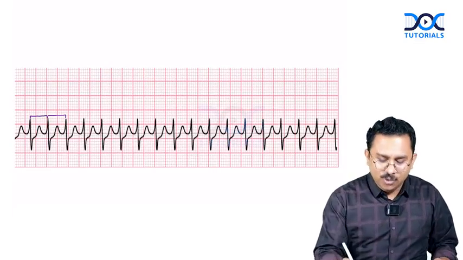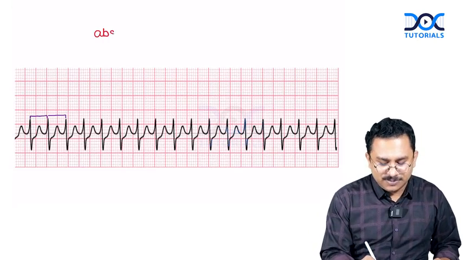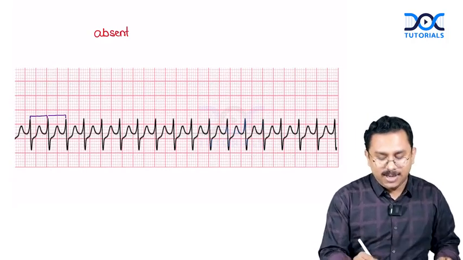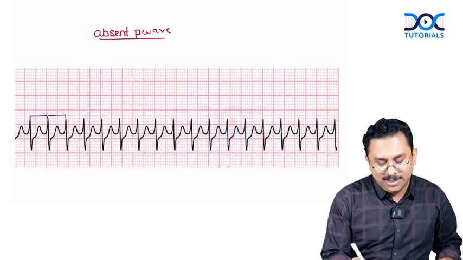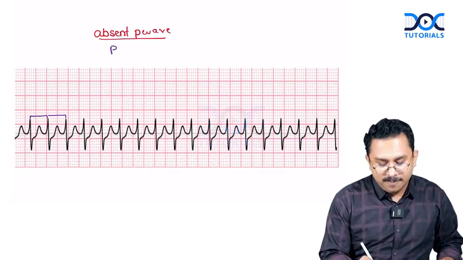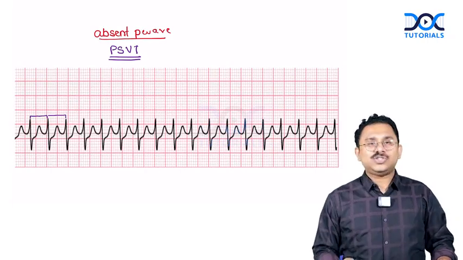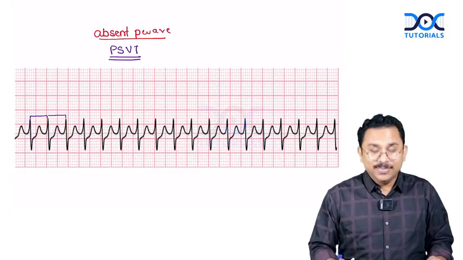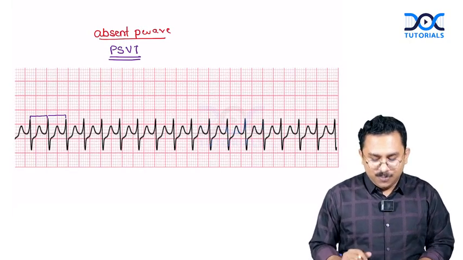No. Remember, if you have a regular narrow complex tachyarrhythmia with absent P waves, then you will be thinking of the diagnosis of paroxysmal supraventricular tachycardia, or PSVT. Remember, absent P wave. Okay, that is clear.